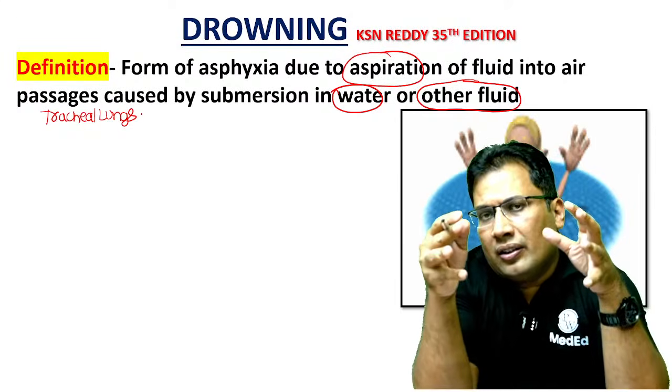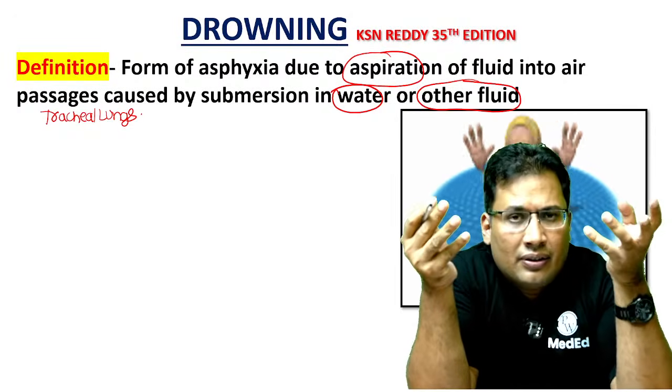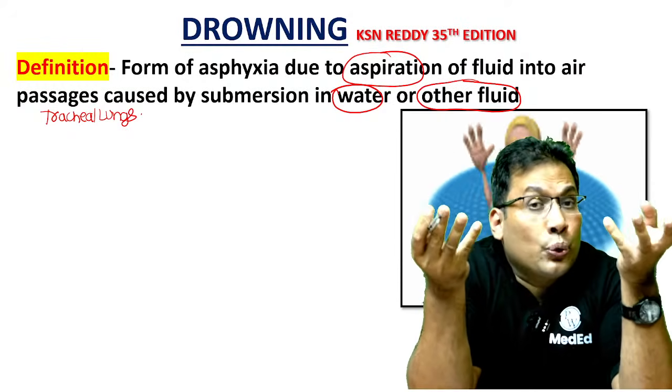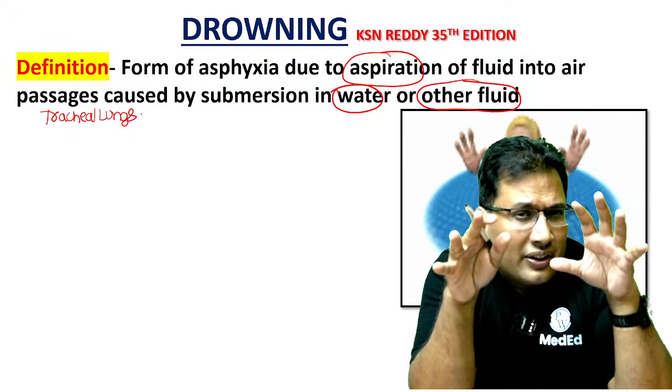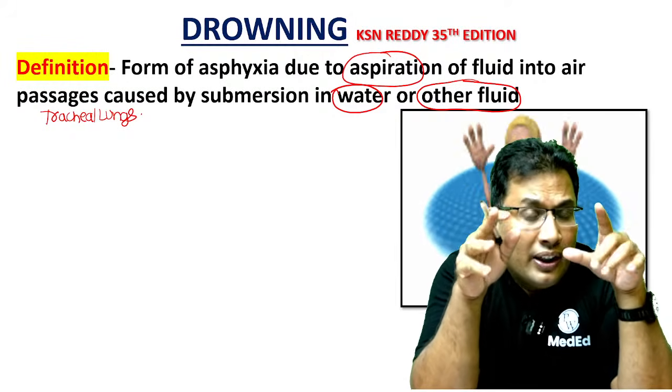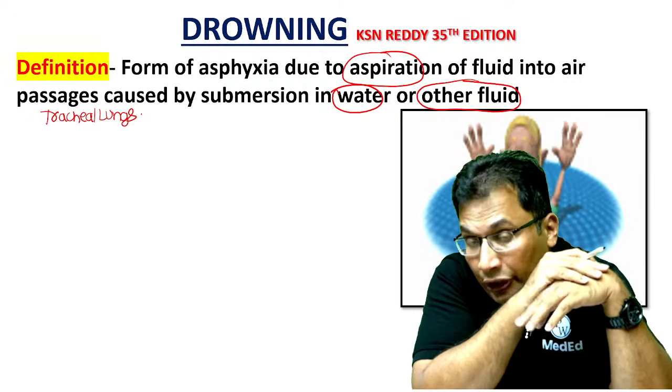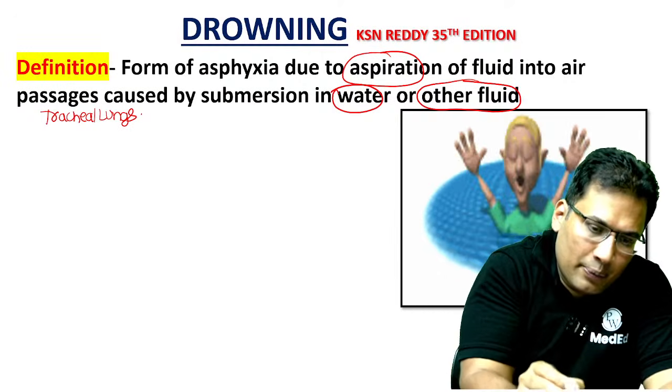So that affects the exchange of gases, oxygen and carbon dioxide, and that leads to death. Death occurs in 5 to 6 minutes in freshwater drowning, 10 to 12 minutes in seawater drowning. Again, question asked.